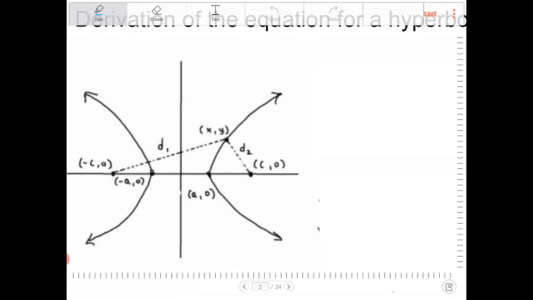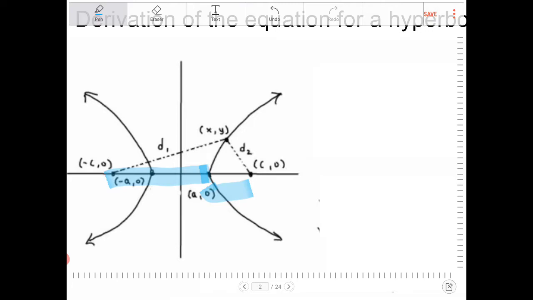Let's pick the rightmost vertex as the point of interest. The distance between that point and the focus on the left will be a minus negative c. The distance between the rightmost focus and that point on the right will be c minus a.